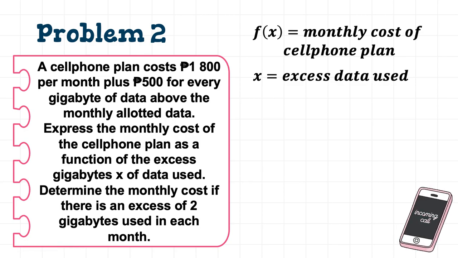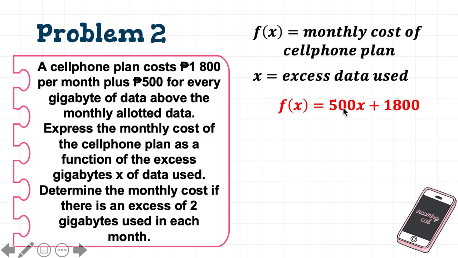So therefore, the linear function will be 500x. Again, 500 will be the cost of 1 gigabyte of data per month. Plus, again, 1,800 is the constant, which is automatically part of your monthly cost of the cell phone plan.